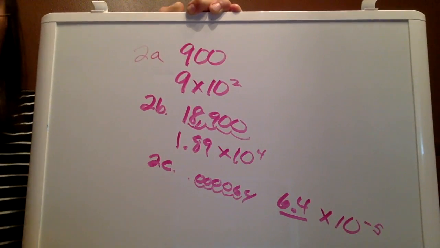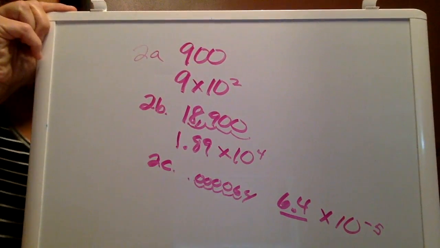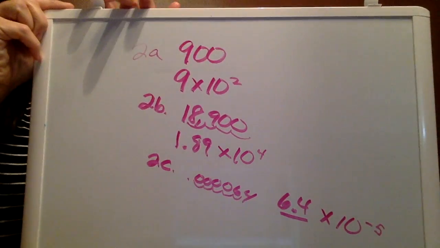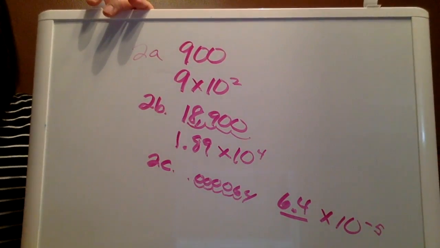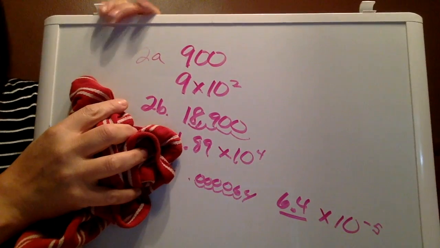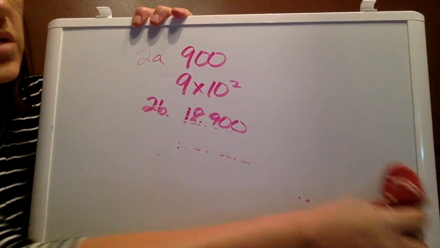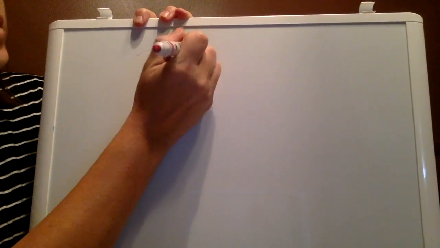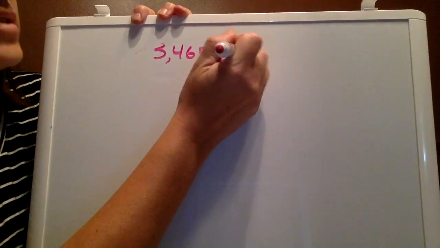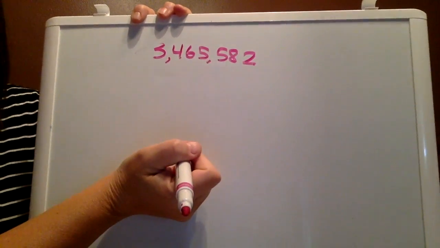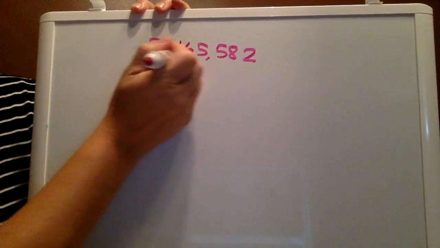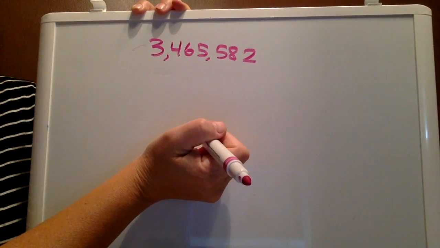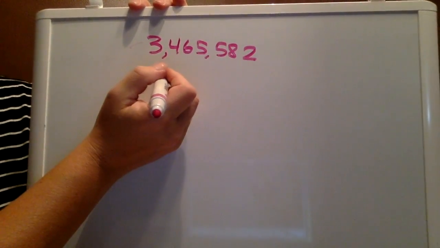All right, for the next example, example 3, it's again taking each number from standard form to scientific notation. But if you have a large number, for example 3,465,582, you're not going to want to include all of those digits when you're writing it in scientific notation. It's okay to estimate.